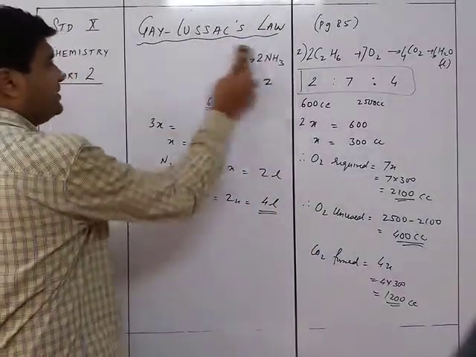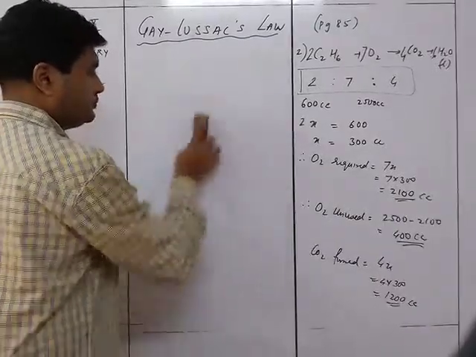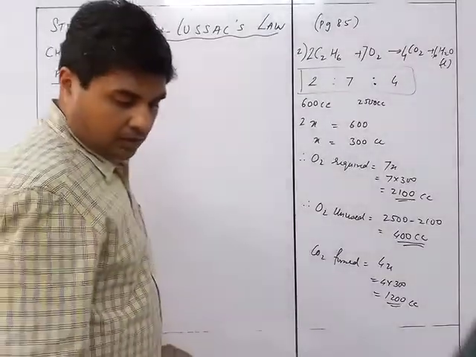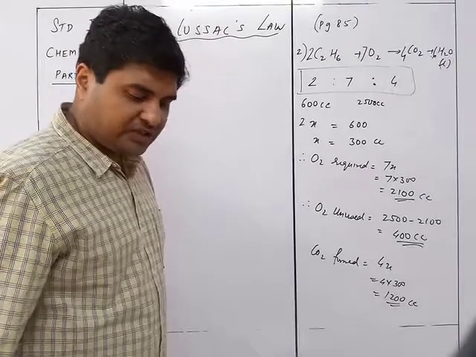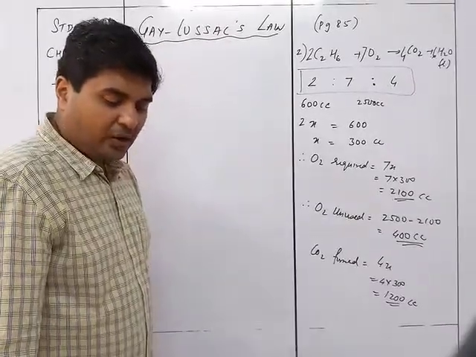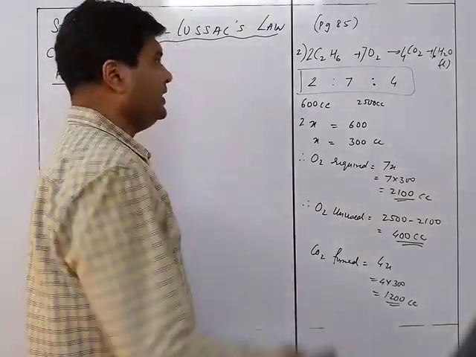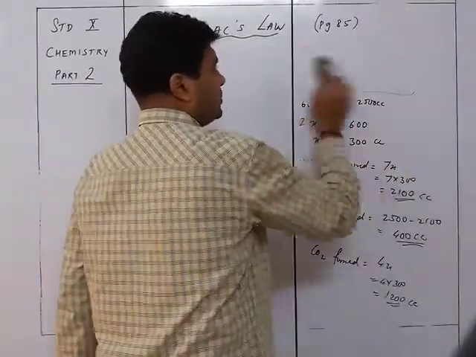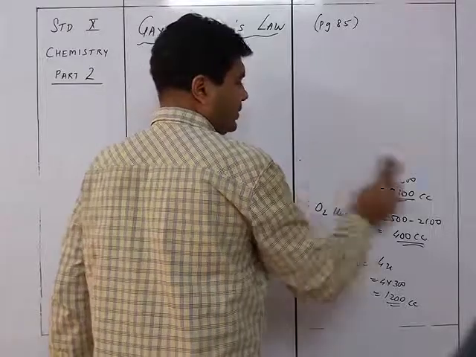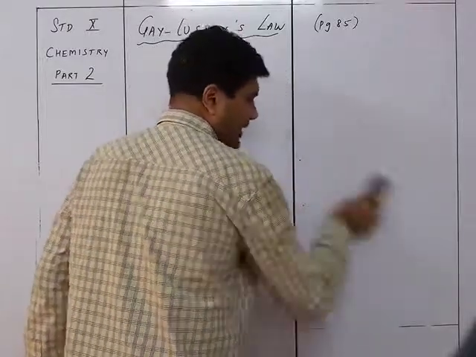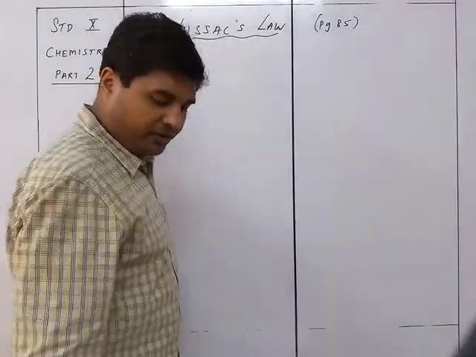The next is question number 3. 20 ml each of oxygen and hydrogen and 10 ml of carbon monoxide are exploded in an enclosure. So here we are having two substances and two equations, because they are going to be reacting in two different manners.